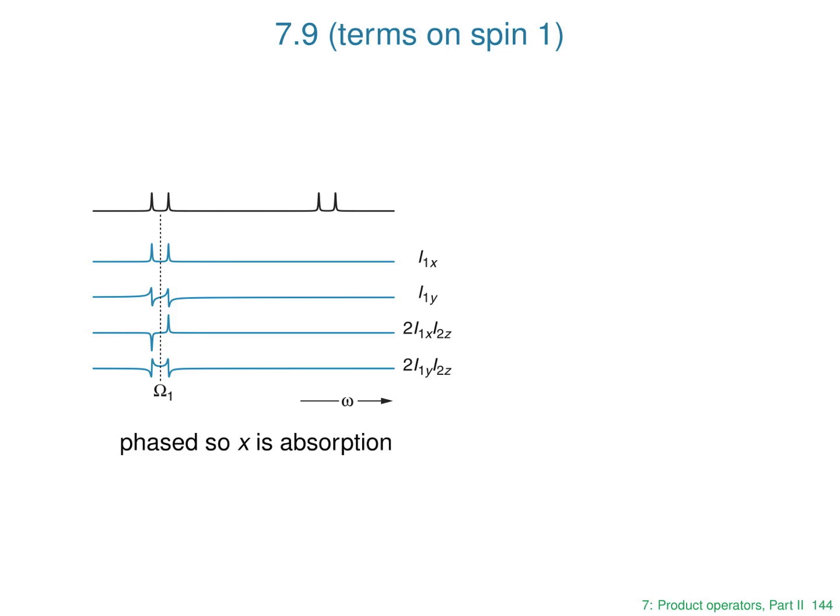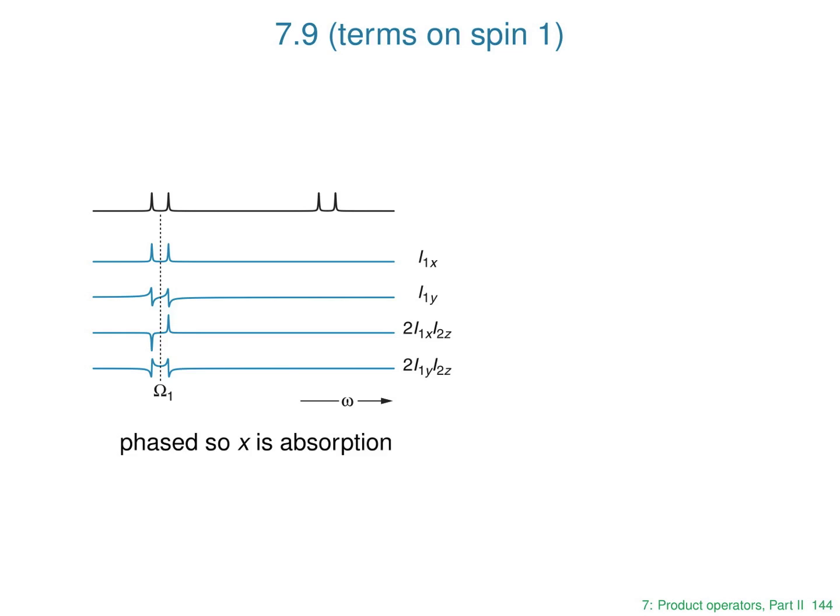So this little diagram is just summarizing all of this. In black at the top, you've got the two doublets that you would normally see in the spectrum of two coupled spins. And I1x gives you an in-phase doublet on spin 1, and I've phased it so that x comes out to be absorption. So that's what you see there. And 2I1x I2z gives you antiphase on spin 1, and I've phased it there again so it comes out in absorption.